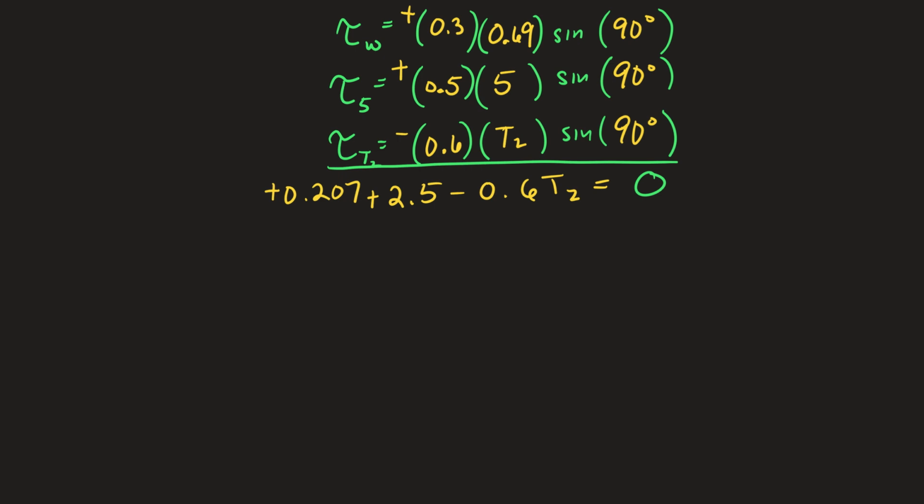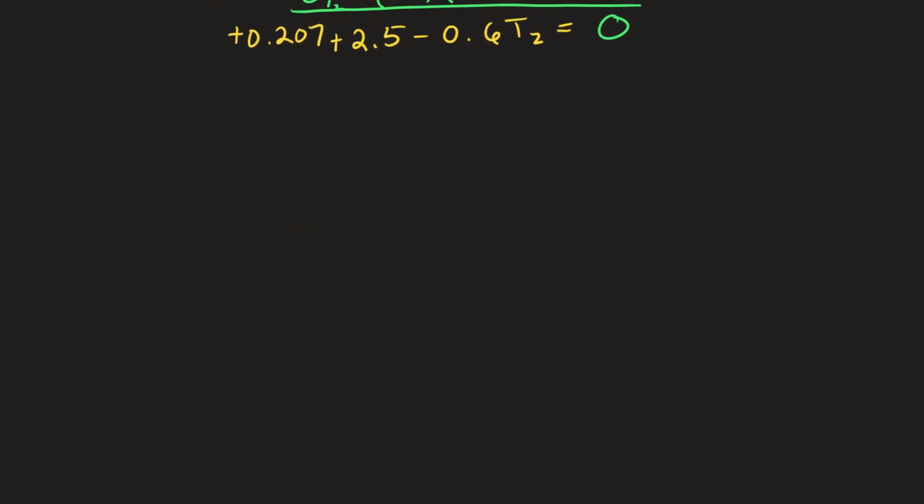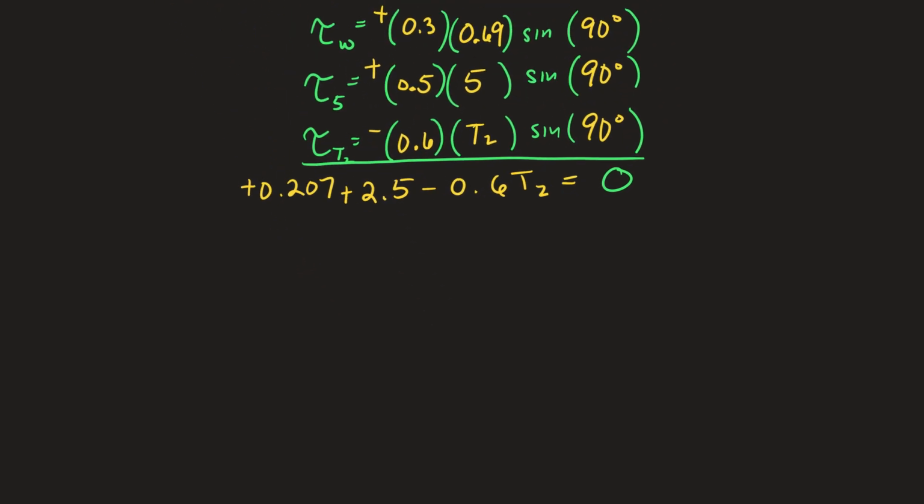We actually have two relationships. We have this one, and we have the one that we generated at the beginning. So there are two relationships here, one from net force and one from net torque. But it looks to me like we could solve the net torque one for T2. So let's do that real quick.